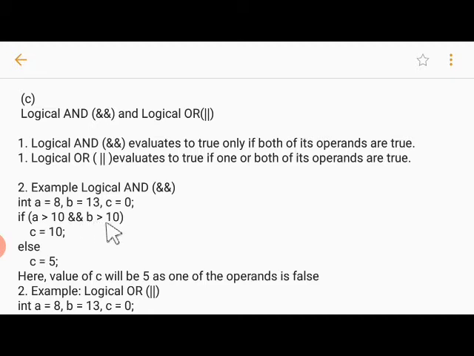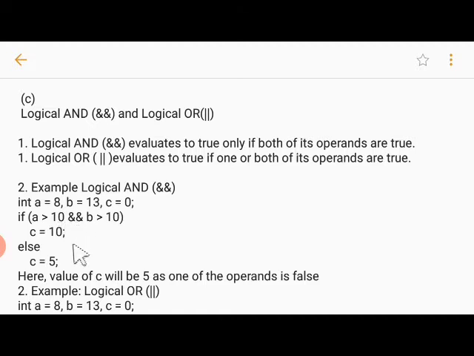So 13 greater than 10, it is true. Definitely it is true. What this statement says is that it evaluates to true only if both of its operands are true. Here you find only one operand is true, and this one is false. So this compound expression, or the logical expression, will be evaluated to false.